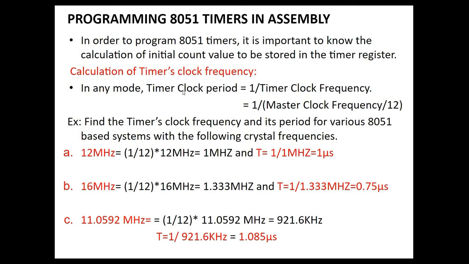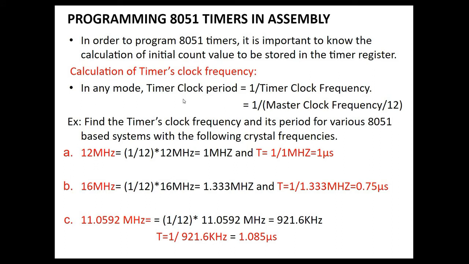Before everything, first we need to find out the timer's clock frequency, because the delay generated by the timer depends upon the clock frequency of the 8051, that is, what frequency of oscillator is connected to the 8051. For that we have a formula.